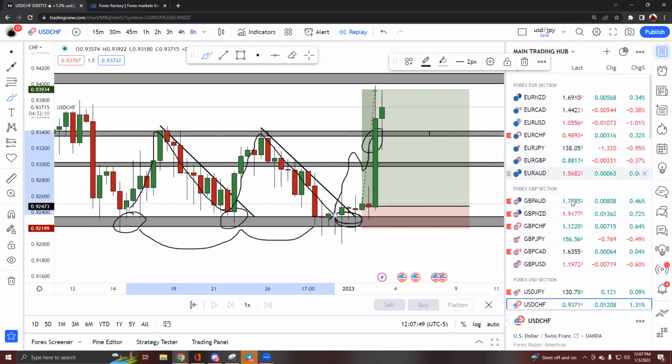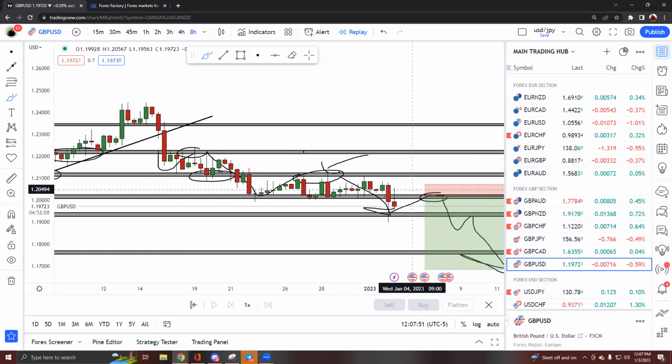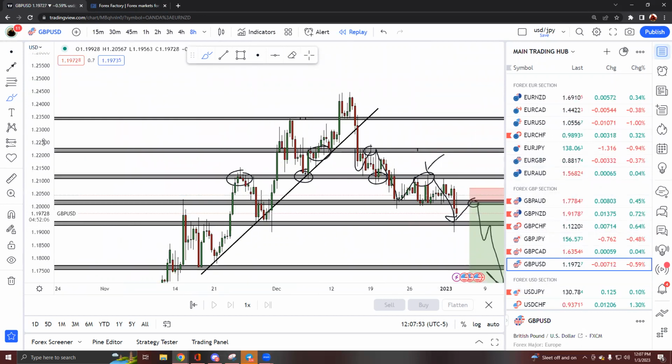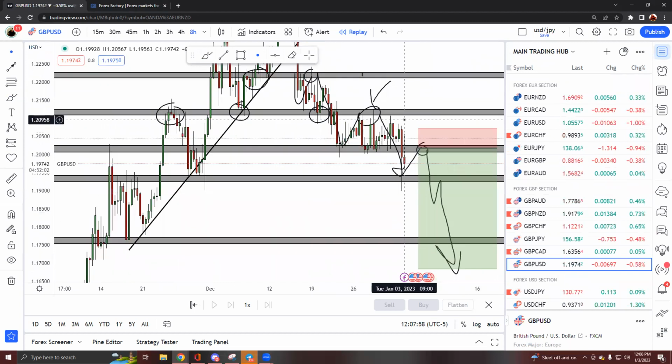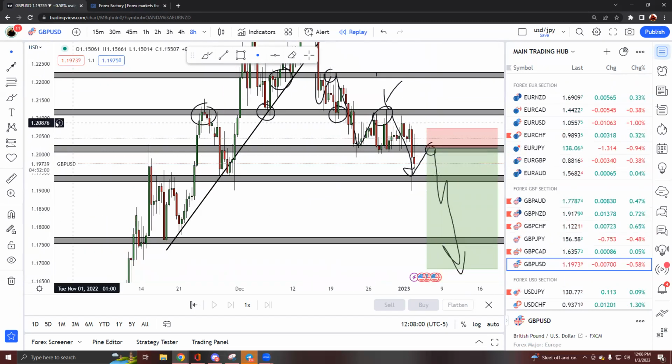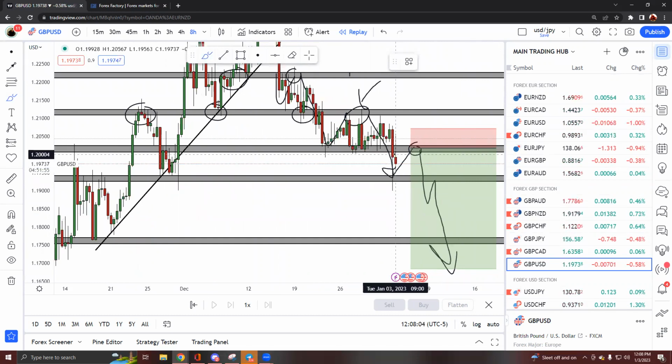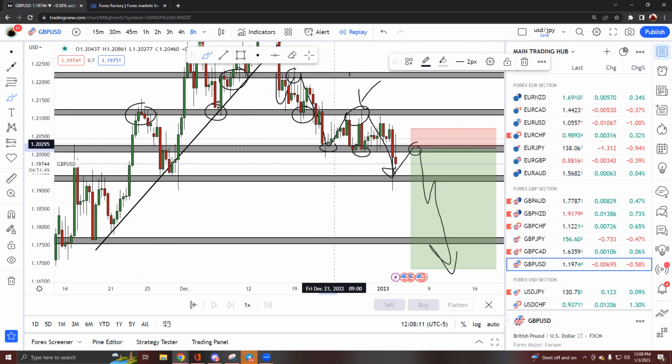Let me show you also looking at British pound USD and how I'm looking at this as well. This is another easy setup where all you really have to do is wait for price action to pull back to the same exact previous level. If price action right now is on that breakout, right? Like this is the previous level, this is the previous level.